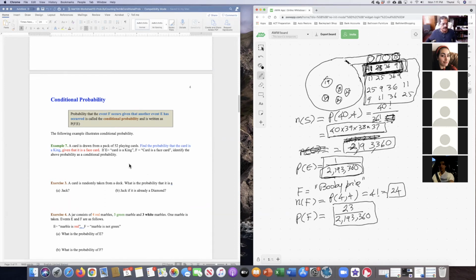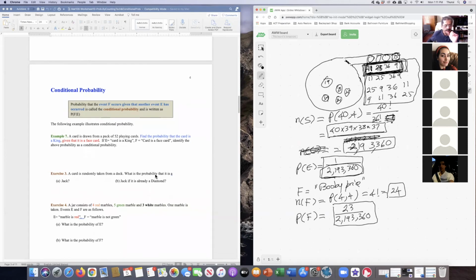So let's start doing conditional probability. Now, this concept you have to understand, and if you don't understand this, you will be lost for the rest of the probability theory, and you'll also be lost for the statistics.